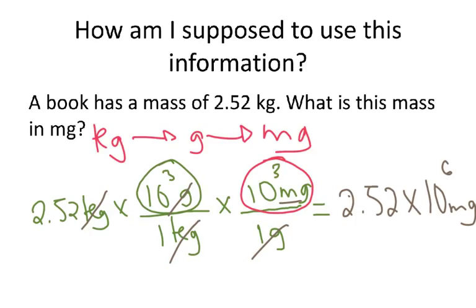Now, you might be tempted to convert straight from kilograms to milligrams, and I'm just going to say that when we get into more complicated chemistry problems, I'm going to recommend that you don't do that, that you always go through the base unit. I think it's a better problem solving approach.